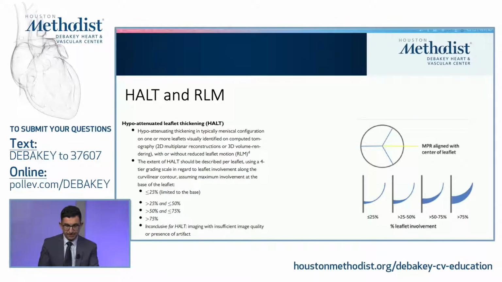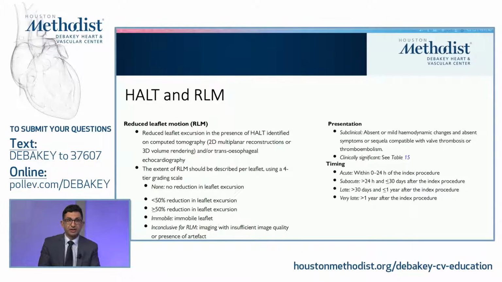Hypoattenuated leaflet thickening, or HALT in abbreviation, may or may not be associated with reduced leaflet motion, and the reduced leaflet motion should only be attributed in the setting of HALT.